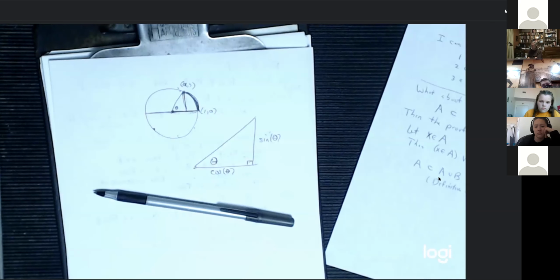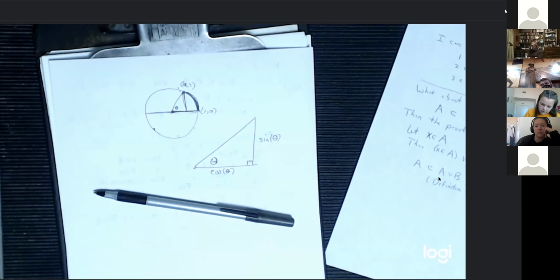The cosine of 90 degrees is 0. Why? What's the x coordinate for an angle of 90 degrees from the center of the circle? It's the point 0, 1. And the point 0, 1, the 0 part, that's the cosine. So the cosine of 90 degrees is 0.